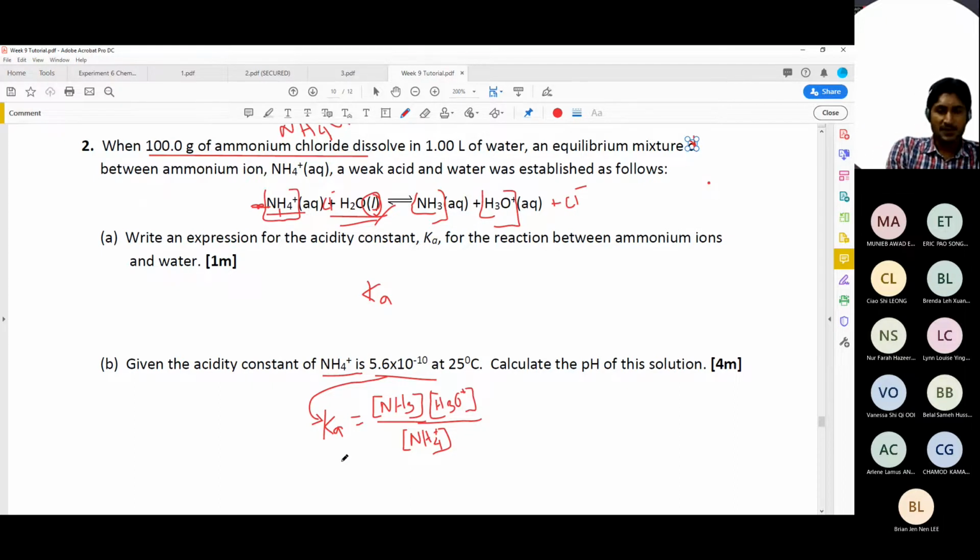I have to find the pH of the solution. Can anybody give me a clue?